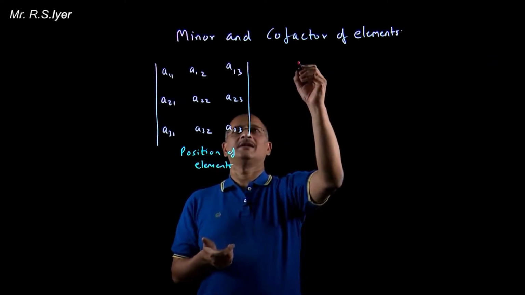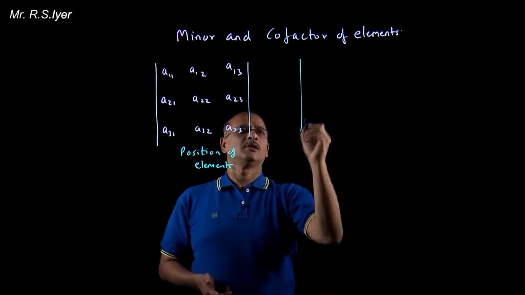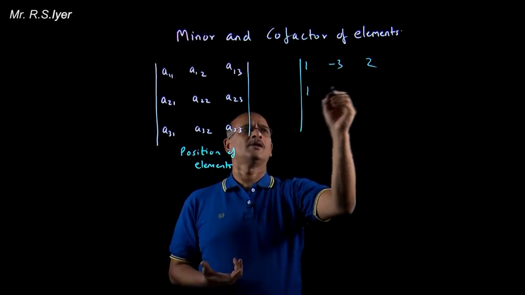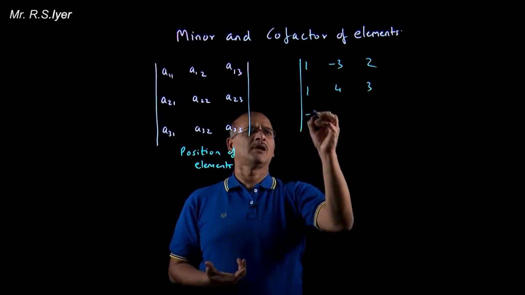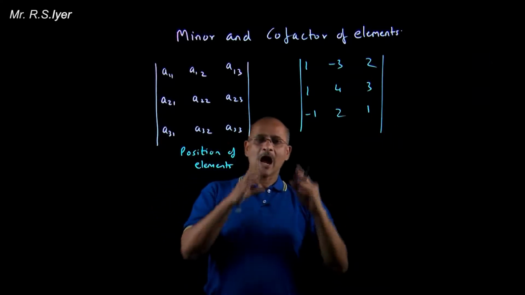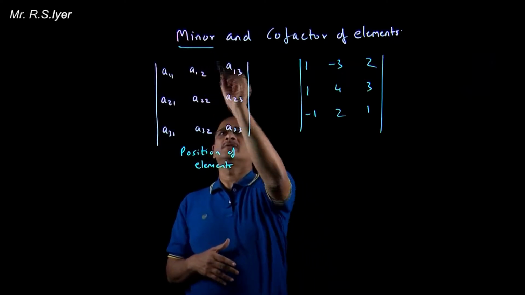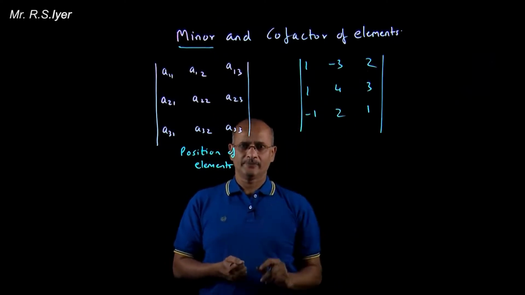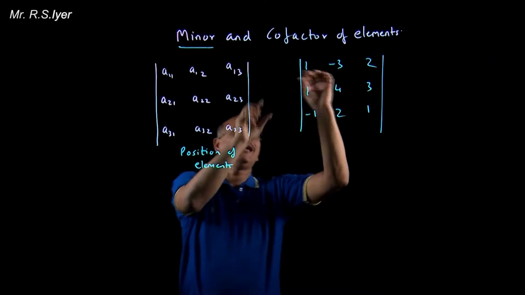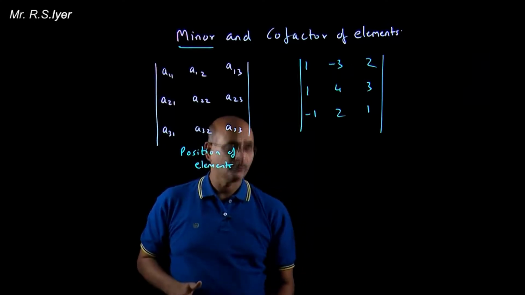Let us take a determinant, say 1, minus 3, 2, 1, 4, 3, minus 1, 2, 1. Now I am going to explain what is a minor of an element. I will just take 4-5 examples. For every element you get a minor. Now how do I get the minor? That is what we are going to see.